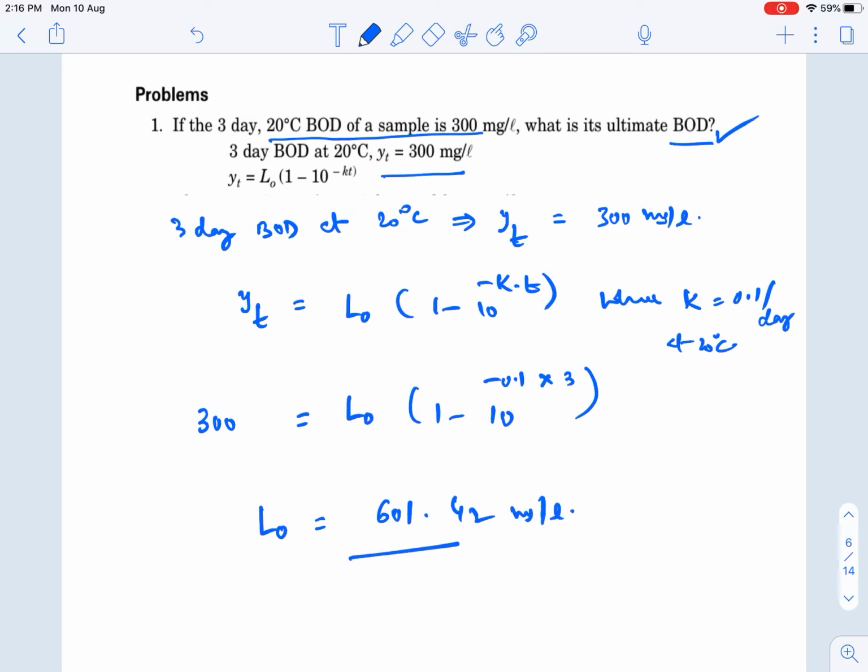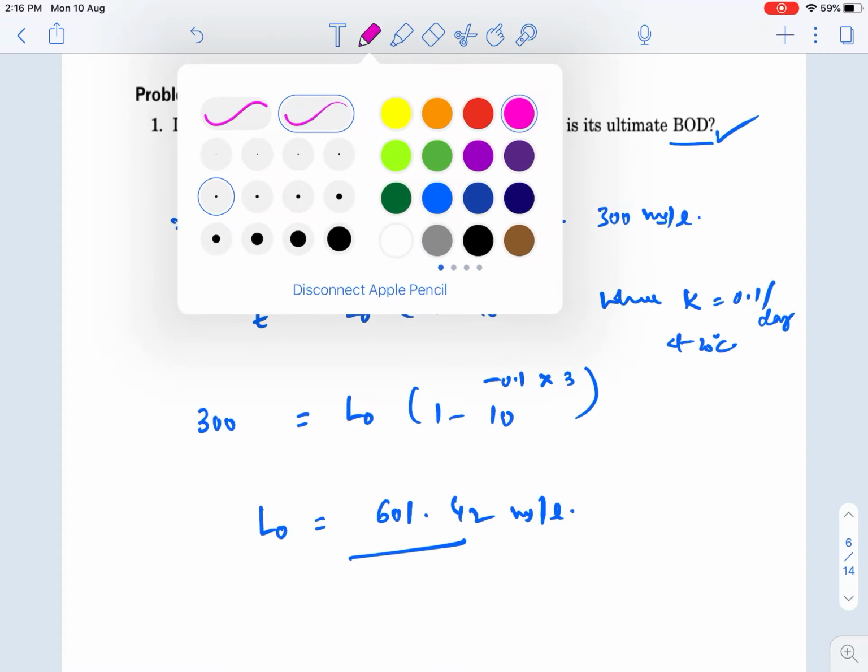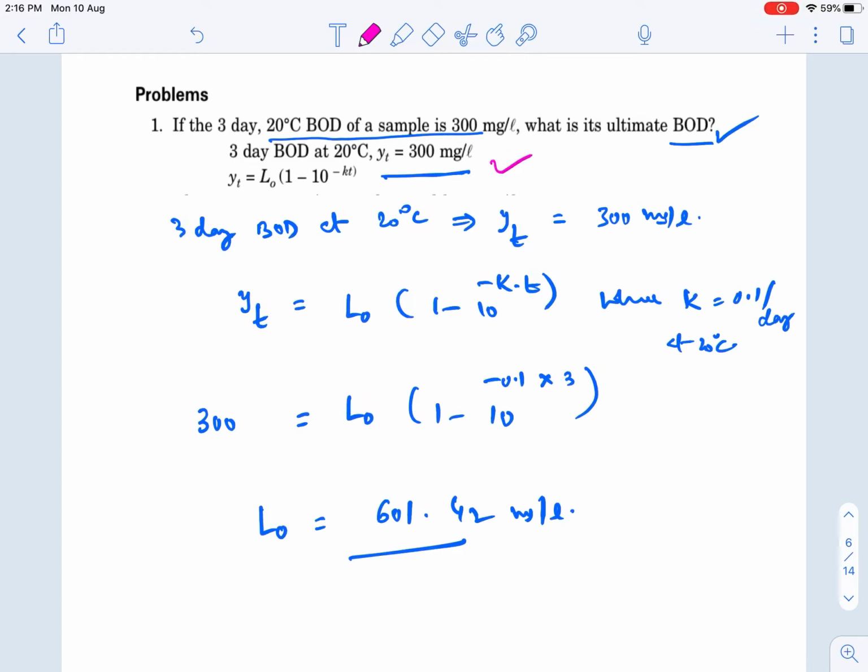From this you can calculate L0 as 601.42 milligrams per liter. So he has given the BOD exerted in 3 days, that is the 3-day BOD at 20 degrees centigrade. Because it is at 20 degrees centigrade, we have taken the deoxygenation constant as 0.1. And what you have to calculate is the ultimate BOD. What is the relation between BOD exerted and ultimate BOD?